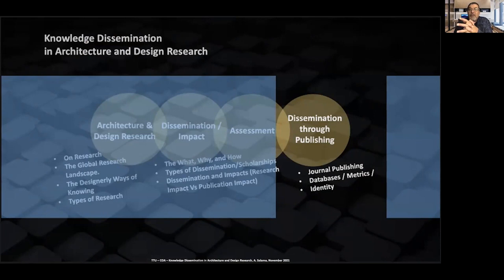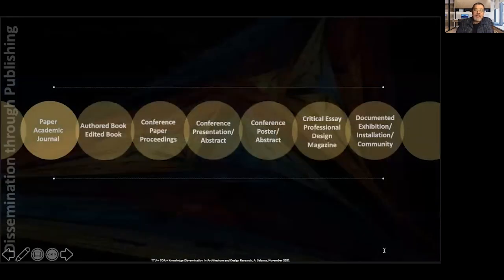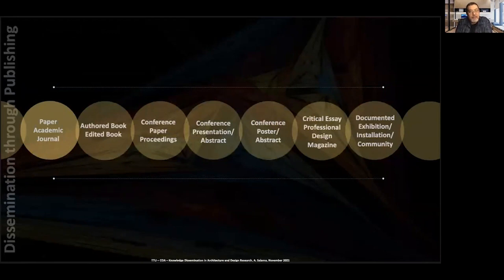Here I'm focusing on journal publishing and some of the associated metrics. We have seen that assessment methods adopted by universities regarding assessment frameworks are heavily relying on dissemination, which can take different forms based, as I said, on the higher education system or university systems within which they are undertaking.